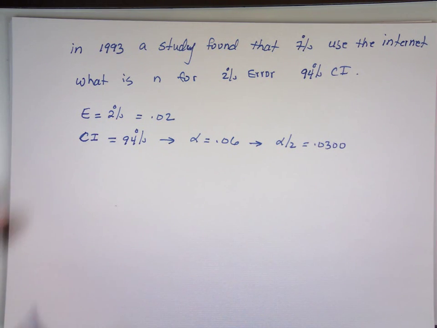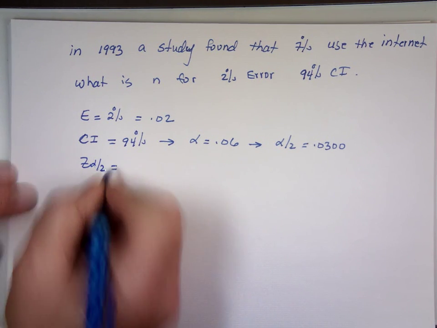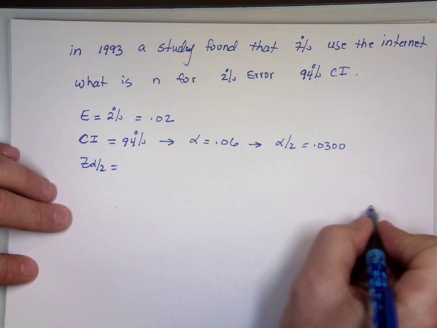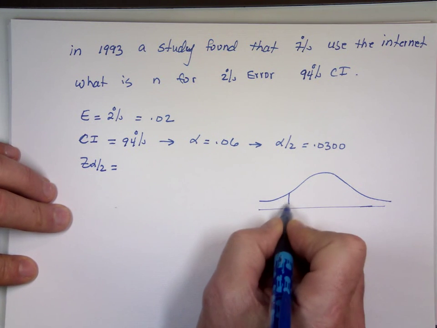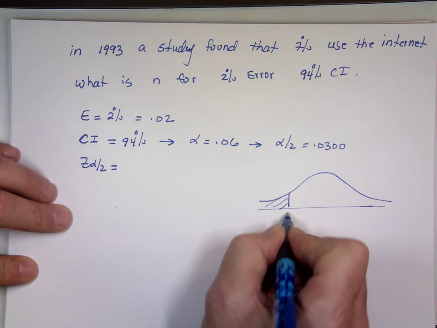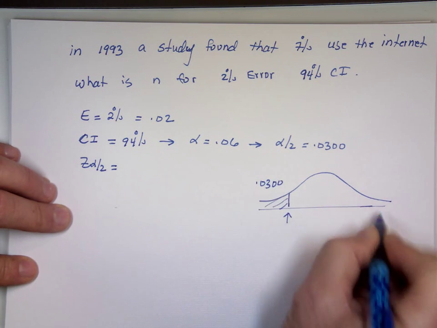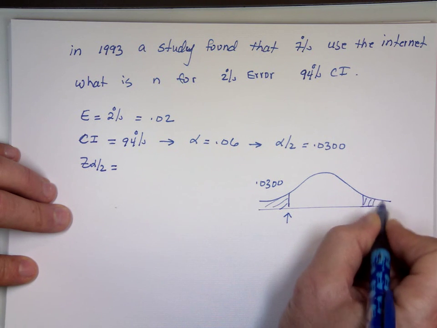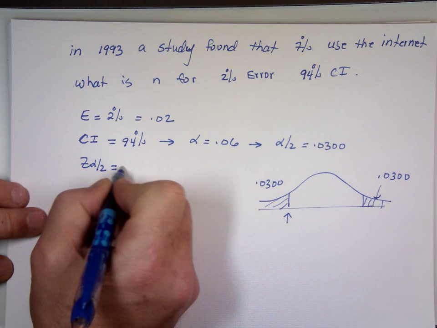What is Z alpha over 2? Go to the Z value again, negative Z score, find out what is that number that will give me an area of 0.0300, or the closest one to that. So that's negative 1.88.